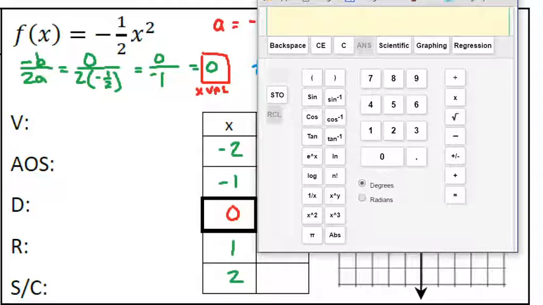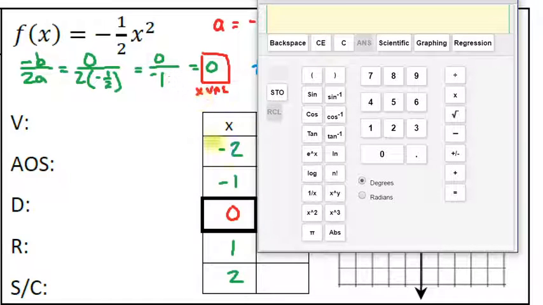Let's go ahead and find f of negative 1. f of negative 1 is going to be negative 1/2, so negative 1. Now, when I put a fraction in the calculator, I like to put it in parentheses to make sure the calculator knows that those two numbers go together.